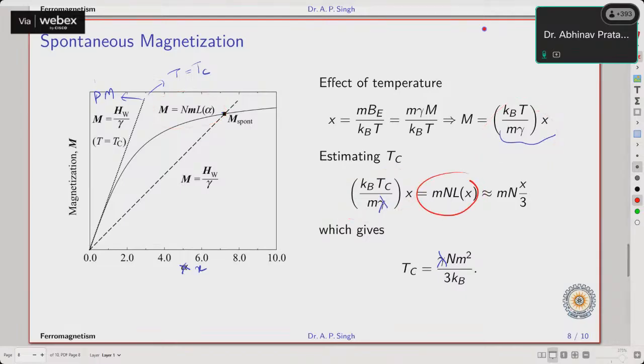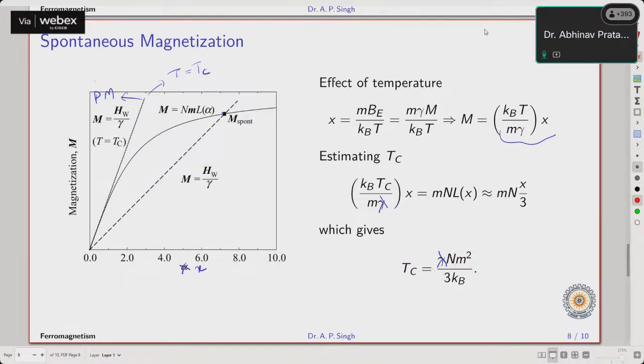And at x equals 0, if you remember, this value of Lx is approximately given by x upon 3. So I can do that. Now I can cancel x on both sides, and I get an expression for the critical temperature. And you can see now you are getting an expression for critical temperature in terms of this parameter lambda and in terms of the magnetization of the individual dipoles.